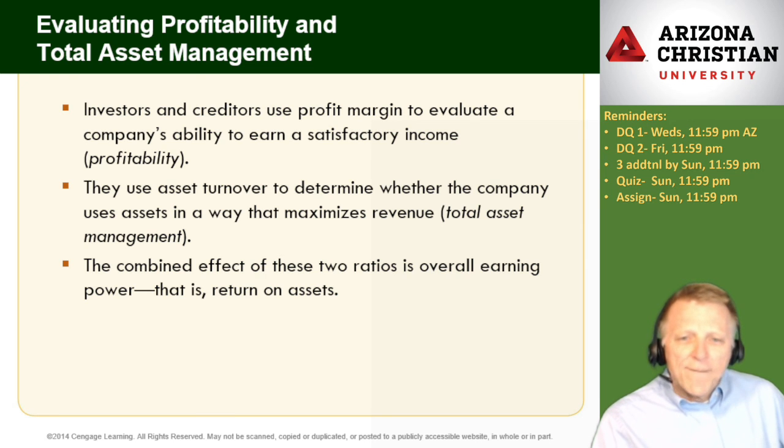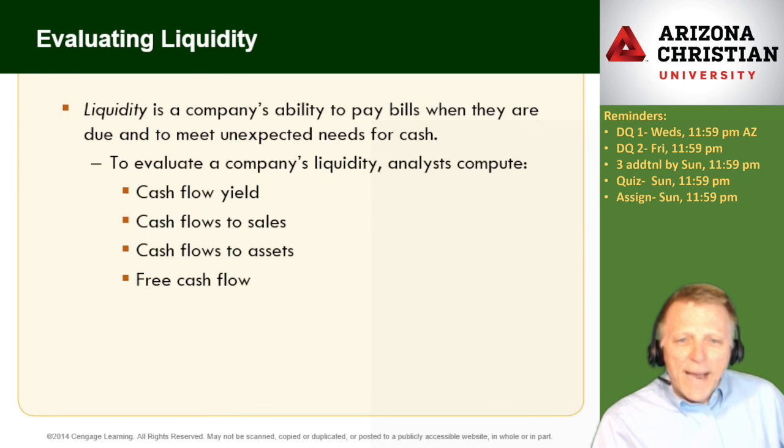And finally, back to the measurement of free cash flow and liquidity. Liquidity is a measurement that provides decision makers with an understanding of a company's ability to pay bills when they're due and to meet unexpected needs for cash. Be sure to read more about the measurement of liquidity and these other measurements in your course text.